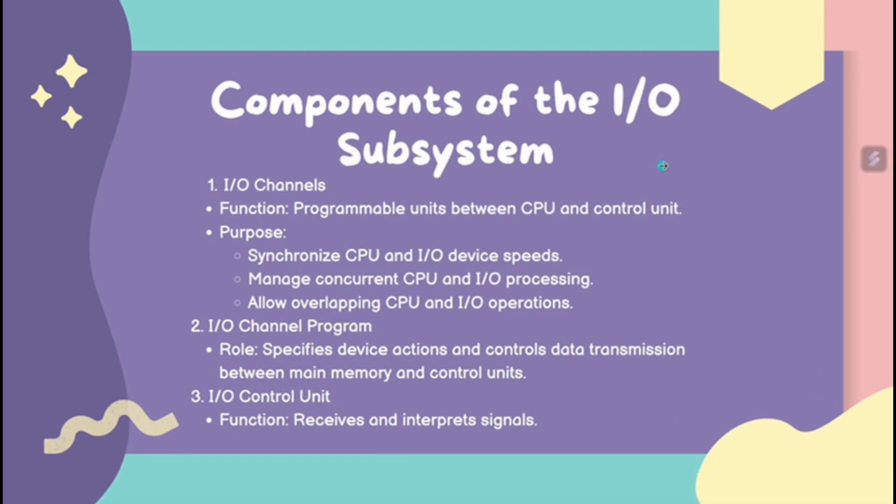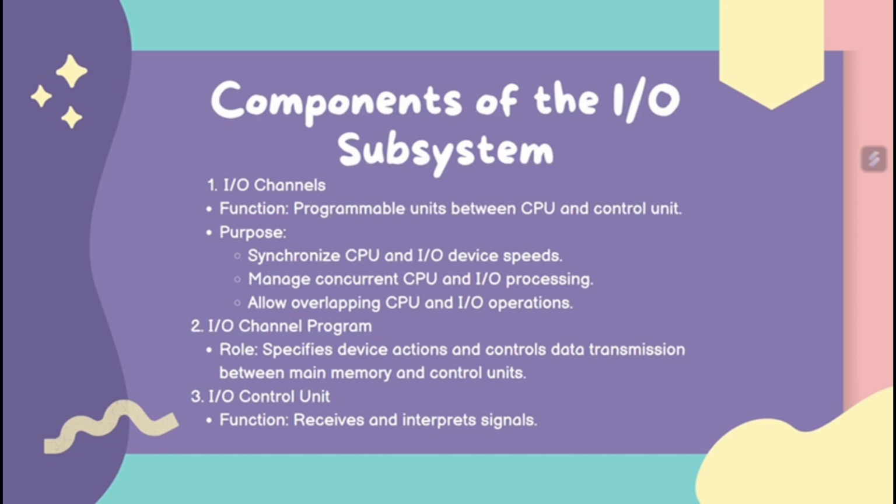And then we go to the components of the I/O subsystem. The first component is I/O channels, which are programmable units between the CPU and control unit. They synchronize CPU and I/O device speeds, manage concurrent CPU and I/O processing, and allow overlapping CPU and I/O operations.